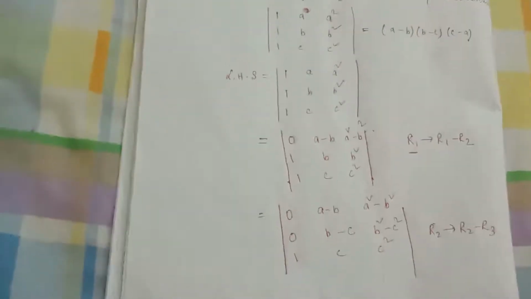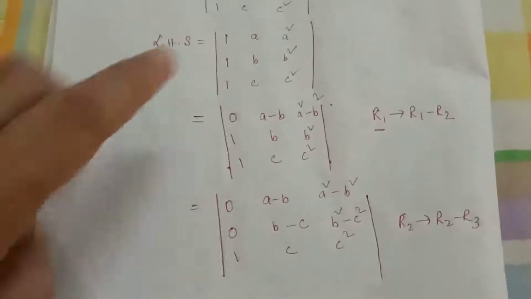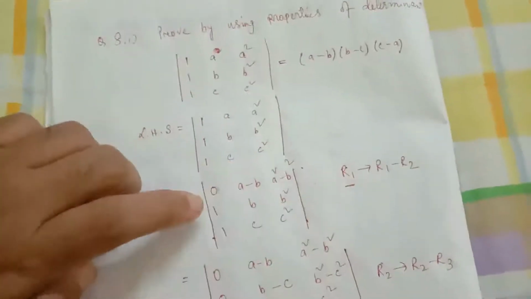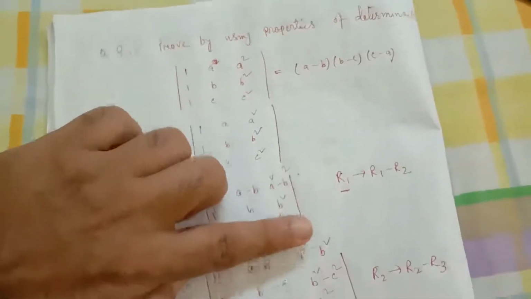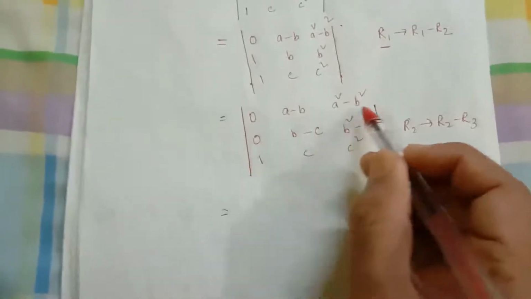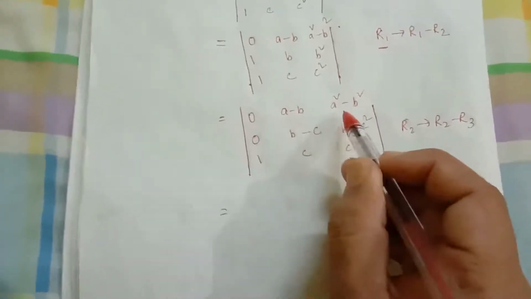We have done this in two steps. First, we replaced the first row by R1 minus R2 to bring 1, 0. In the next step, again to bring 0, we replaced R2 by R2 minus R3. Now, in the first row, we have 0, a minus b, a square minus b square.